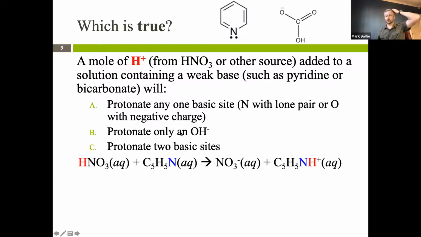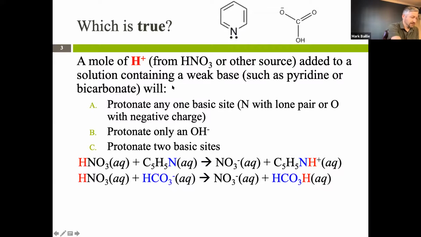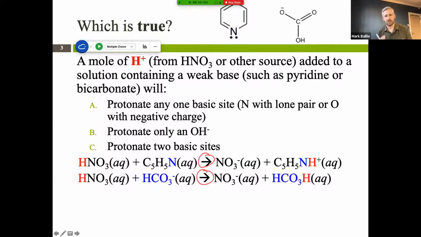And so the two examples here, nitric acid plus pyridine is completely used up, this is always a complete reaction. And here is the one with the bicarbonate. You'll notice that both of these are full-headed arrows, just like dissolving of a salt or dissociation of a strong acid or a strong base. These reactions always go to completion. If you have any of this left over afterwards, then you have an equilibrium reaction.